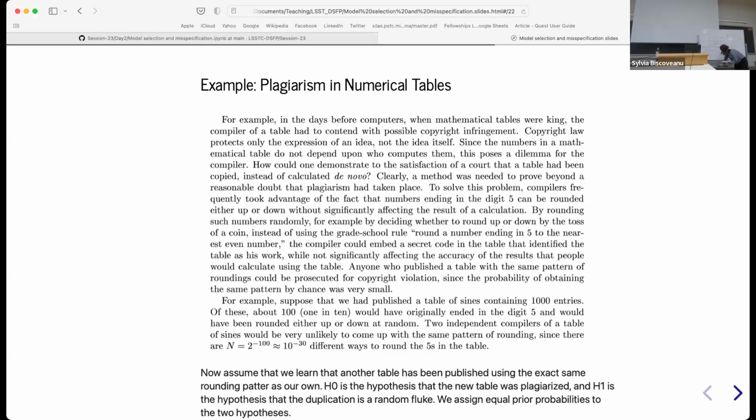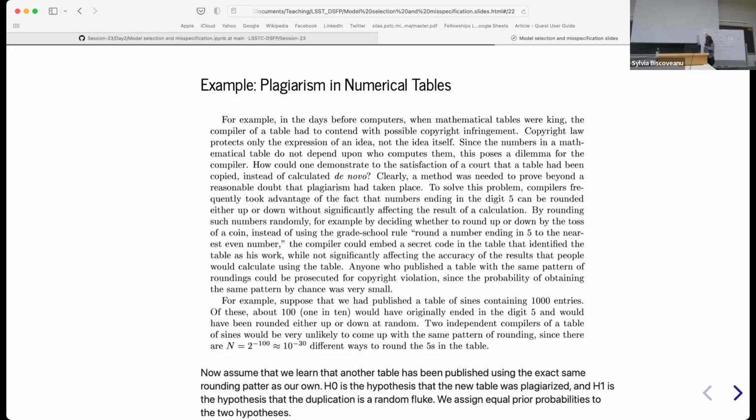So now if we go and calculate our posterior on the plagiarism hypothesis, we get 1 times 0.5 divided by 0.5.